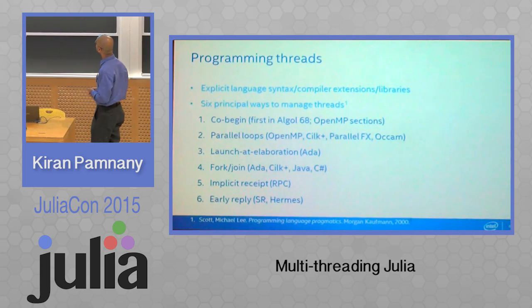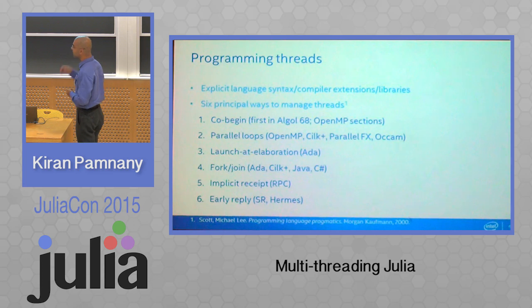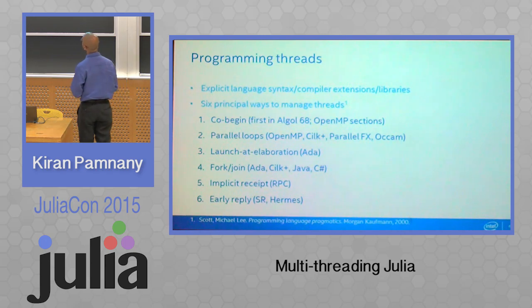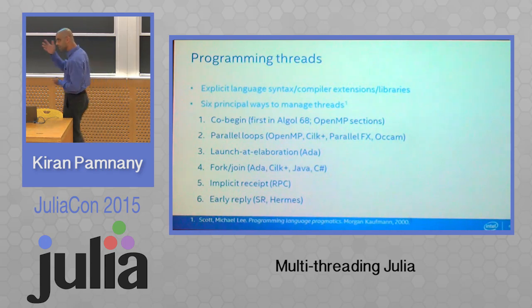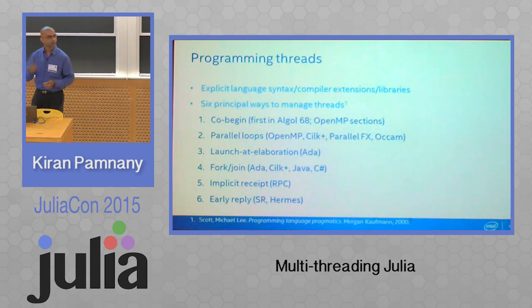Dating back to Ada and Algol 68, there are different forms of how you would program threads, how you would use them from the language. I won't read that out, but I should point out that the two we are mostly concerned with are parallel loops and fork-join. Those are also the modern ones. RPCs also count, but we saw a bunch of stuff about that in the last talk.